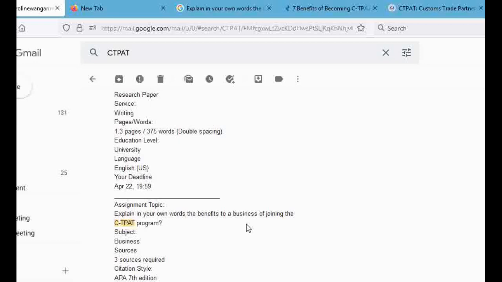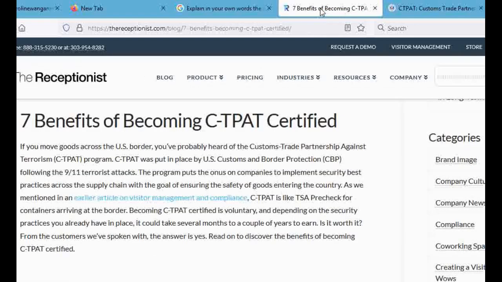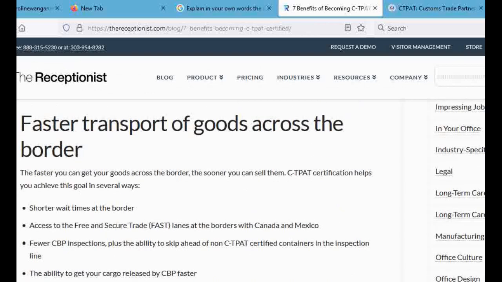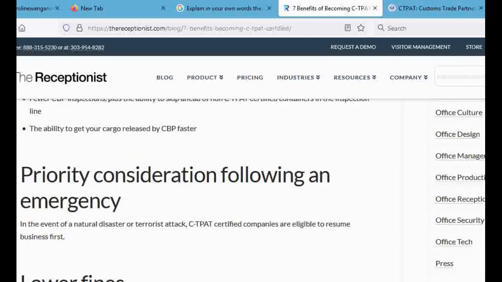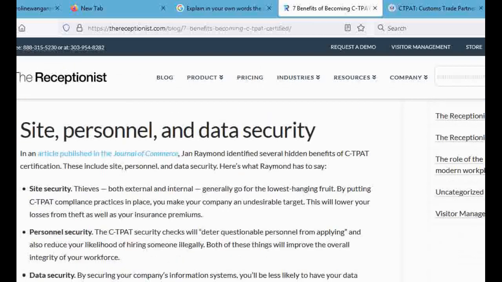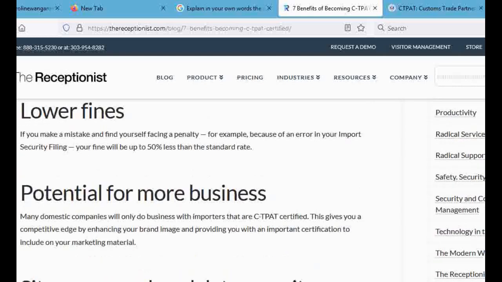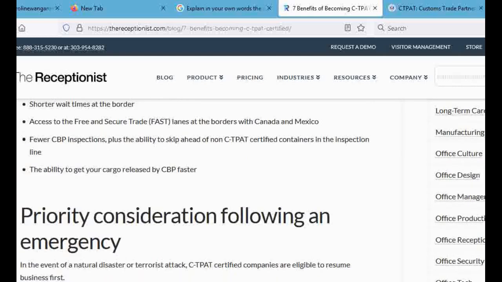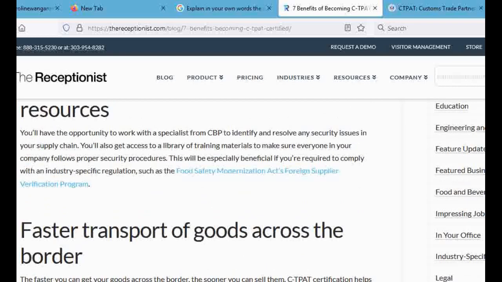So in this case, we assume that the student does not know what the CTPAT program is, even if they do. Even if we have the answer right here, the benefits, such as faster transport of goods, priority consideration, lower fines, potential for more business, you can't just start writing the points.